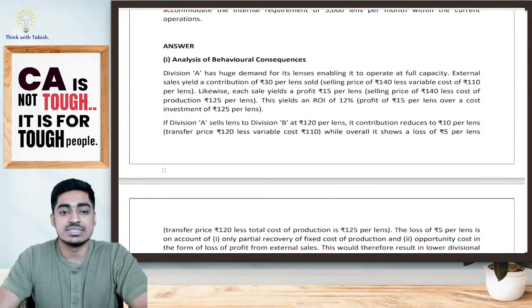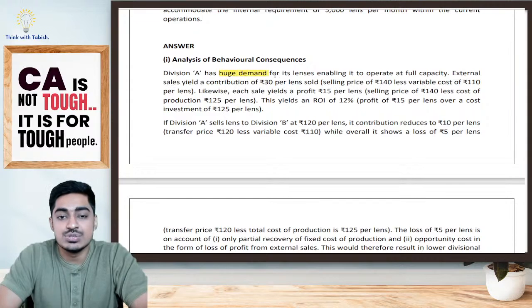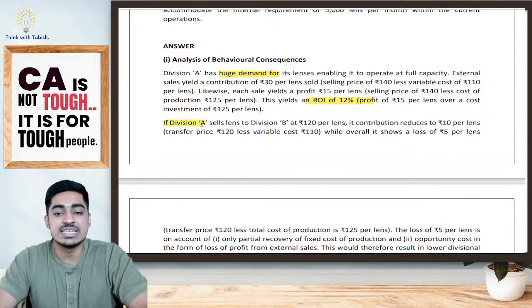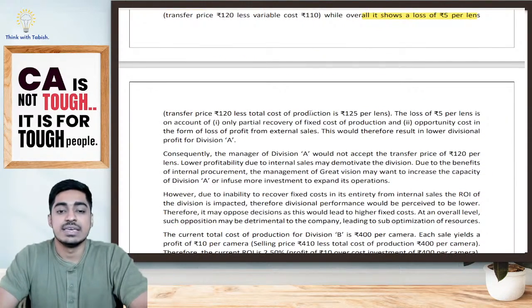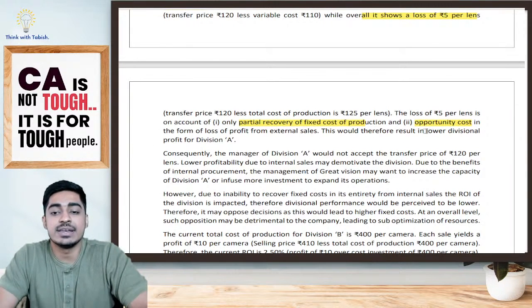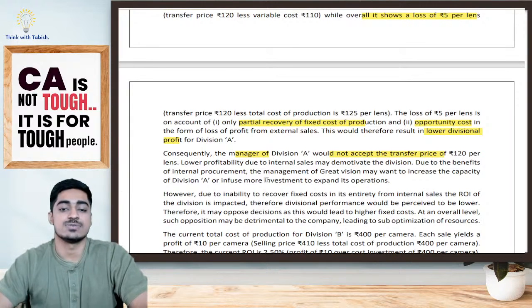Look at the analysis. Division A has huge demand. Presently, it is earning 12% ROI, but if it sells, overall it shows a 5 rupees loss, because we are only partially recovering our fixed cost. Opportunity cost also we are not recovering. Therefore, it will result in lower divisional profit. So the manager will not accept the transfer price.